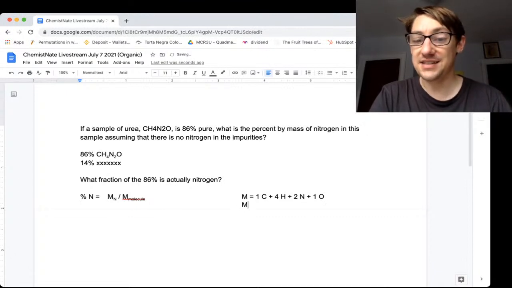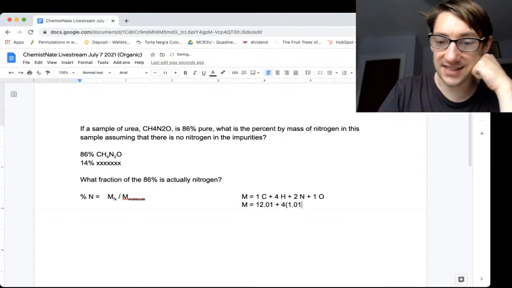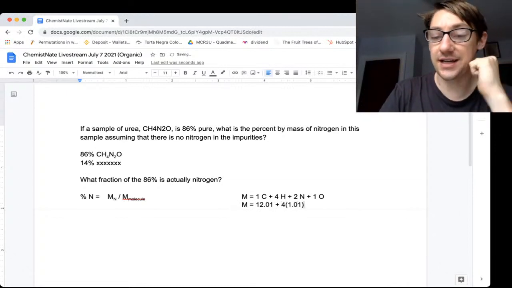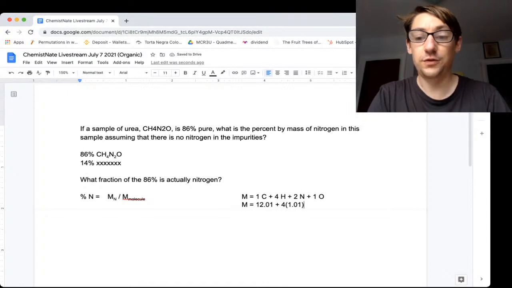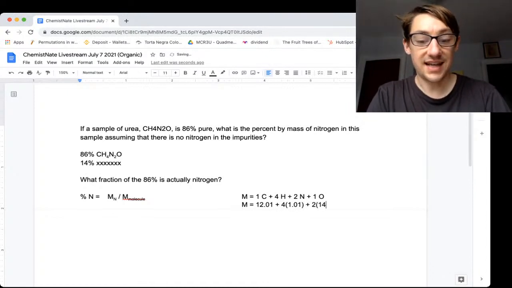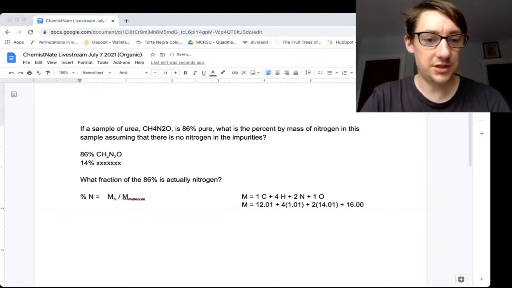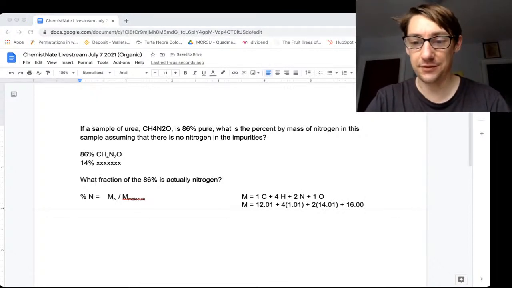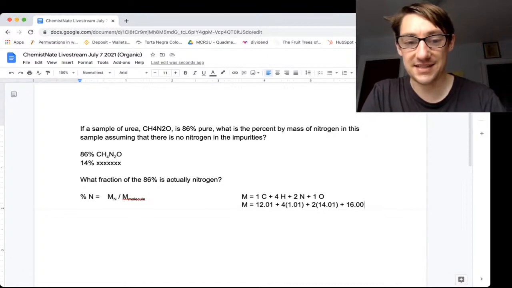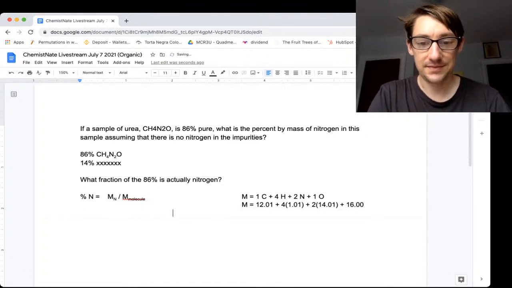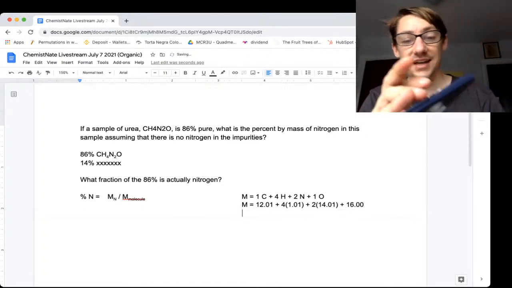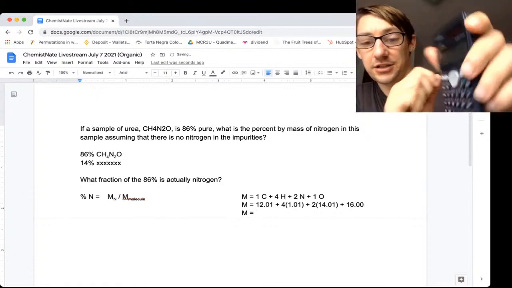So their molar mass is 12.01, and 4 1.01s, that's the atomic mass of hydrogen, 2 14.01s, and a 16.00. BIA, I hope you understand where those numbers are coming from. Those are the atomic masses off of the periodic table. And then you actually have to add those up to get the molecular mass.